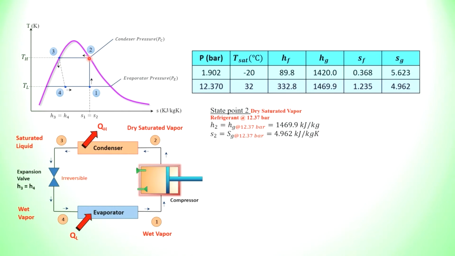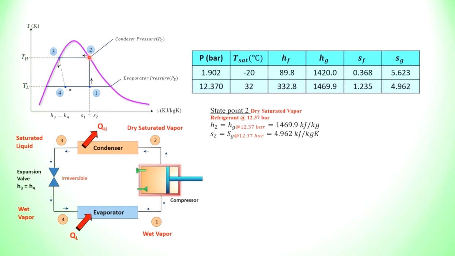Okay, so we start with state point 1, but this time we are going to make use of enthalpy. We use enthalpy to measure how much work in, how much heat is absorbed, and how much heat is rejected. So state point 2 here is dry saturated, at a pressure of 12.37 bar. I have stated here, dry saturated vapor refrigerant at this pressure, 12.37 bar.